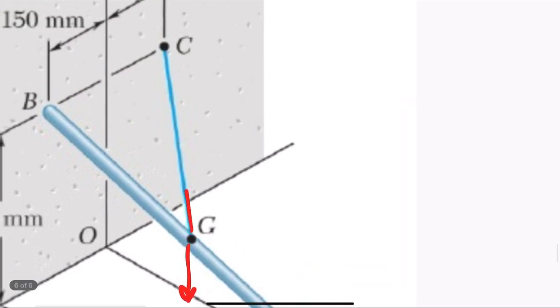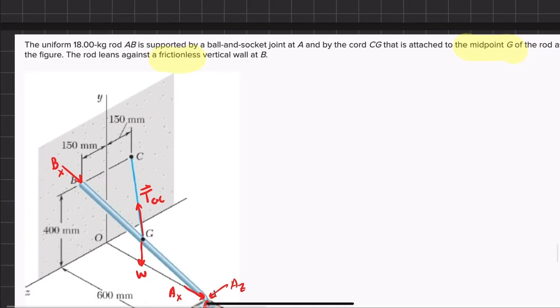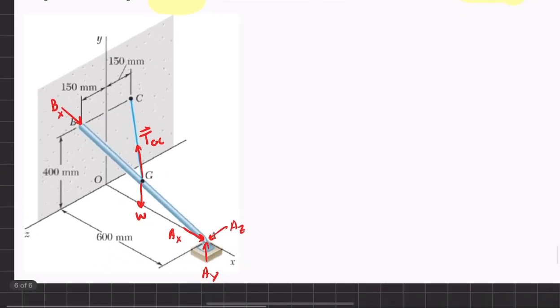We have tension. We'll label this TGC, like so. And because it's frictionless, there is no By force. There's only a Bx force because it's pointing opposite of the wall. And that's our free body diagram right there.